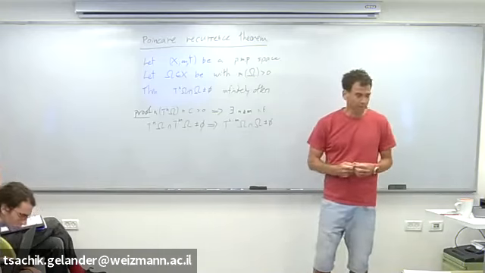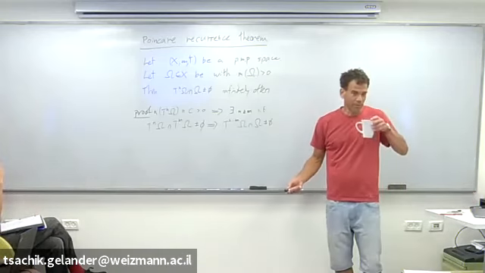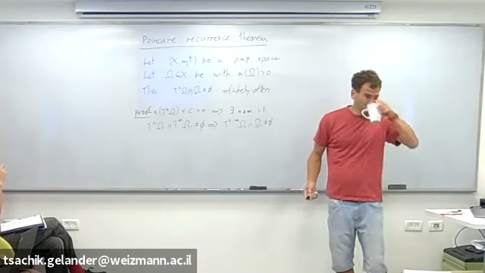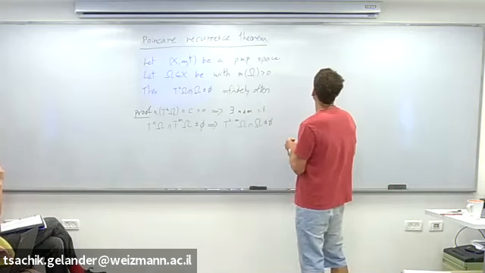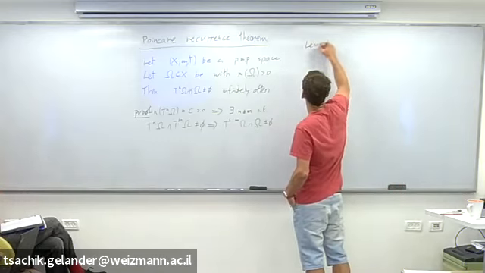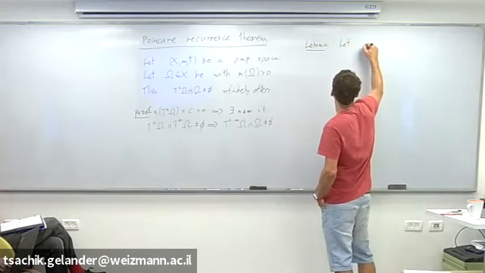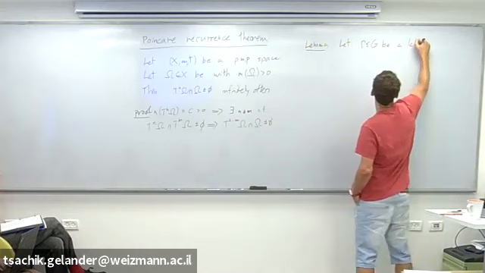So that's an easy statement, but extremely useful. And one application is when you apply it to lattices. So a lemma that follows. So let Γ in G be a lattice.